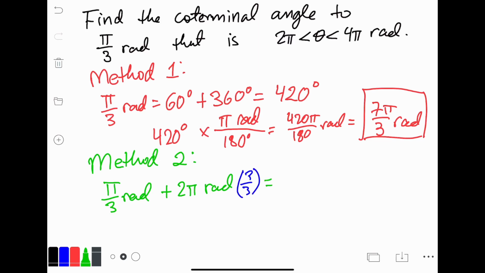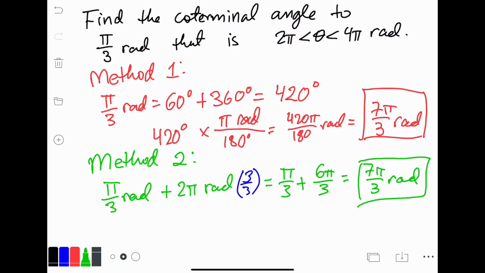This becomes pi over 3 plus 6 pi over 3, which ends up being 7 pi over 3 radians. And there you go. Notice we got the same exact answer regardless, but method 2 was a lot quicker.